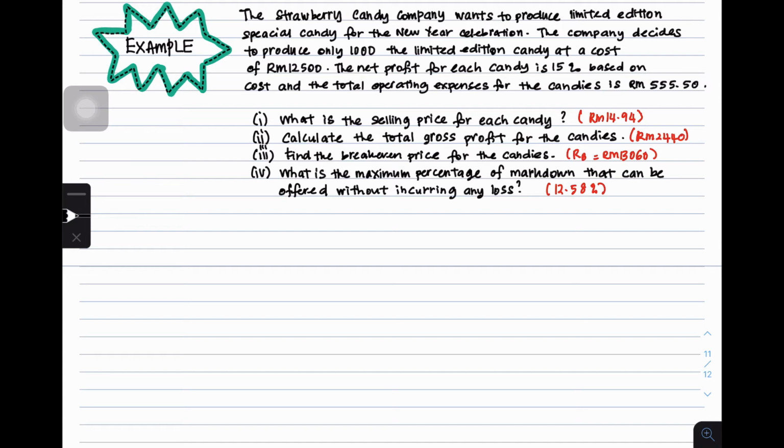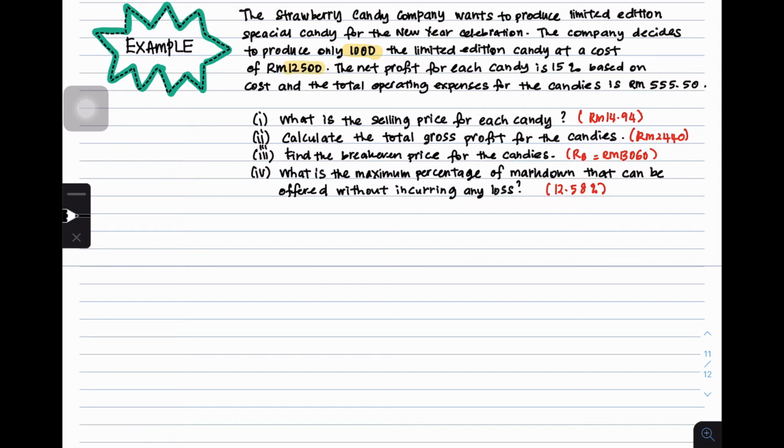So the strawberry candy company wants to produce limited edition candy, the limited edition sweets for New Year. Okay, so the company plans to produce only 1,000 pieces at a cost of RM12,500.